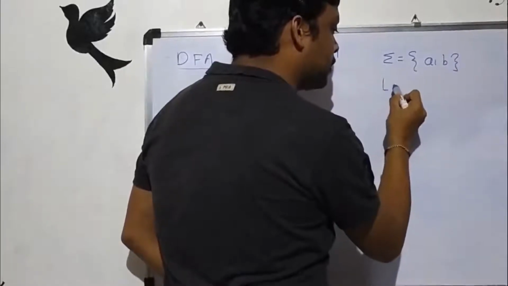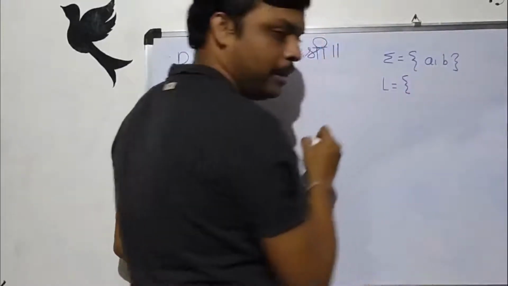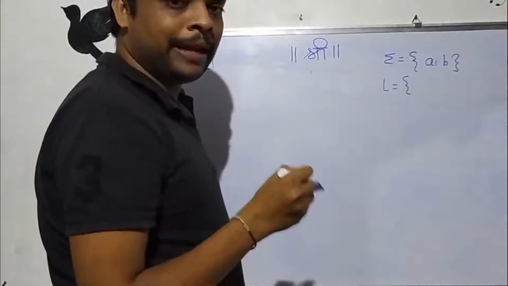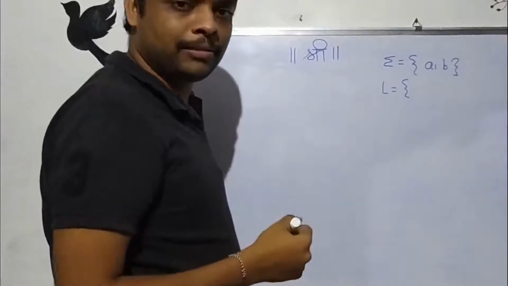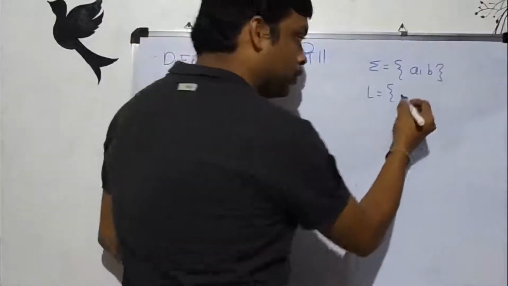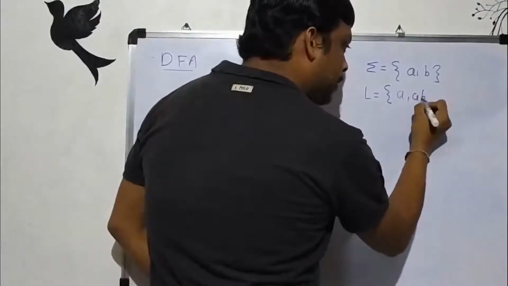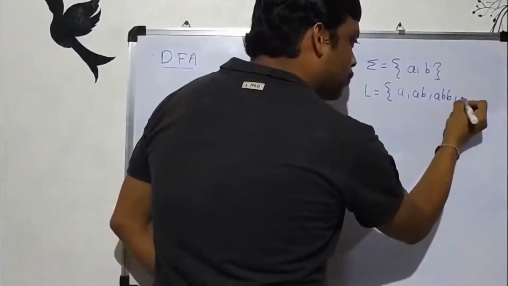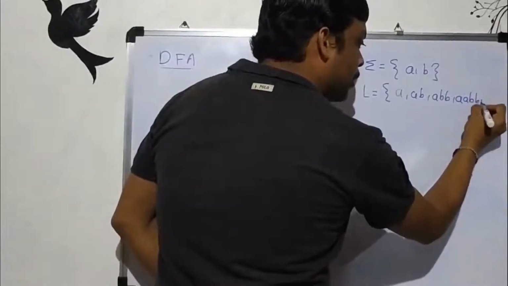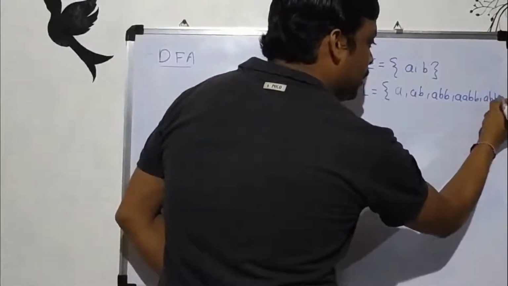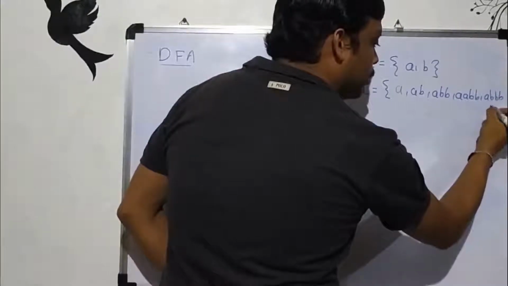Then we assumed one language, the language which contains all the strings which start with A. So A, AB, ABB, AABB, ABBB, and so on.